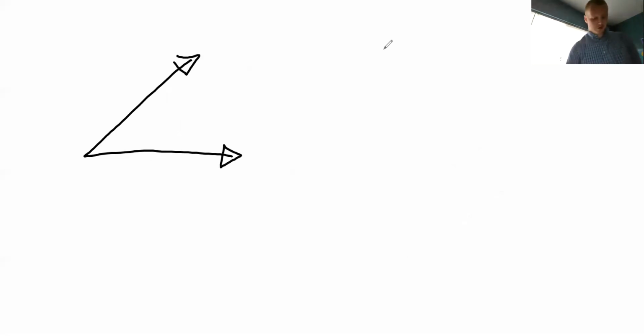This would be an acute angle. And so this right here is an angle, and then right here is going to be called a vertex. That is where the two lines, the two rays, are intersecting to create an angle. And in this case, it's a cute little angle.